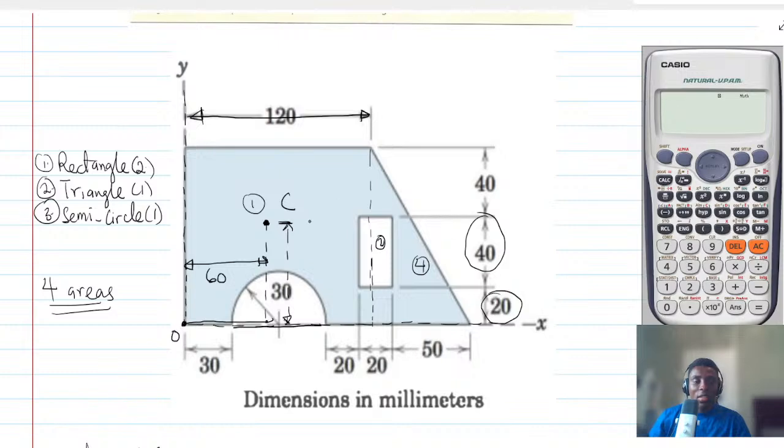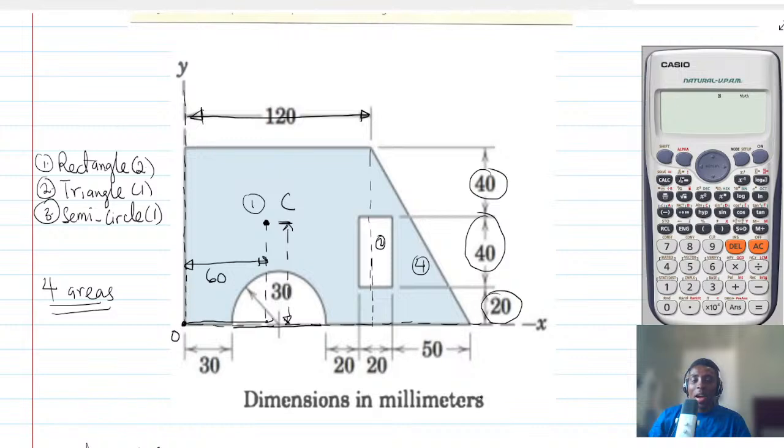You realize that, okay, and then this one too is what? From the origin towards 40. The y, who can tell us the distance? Now if you look at the shape very well, from here to here is 20.